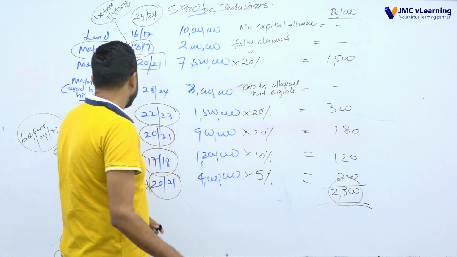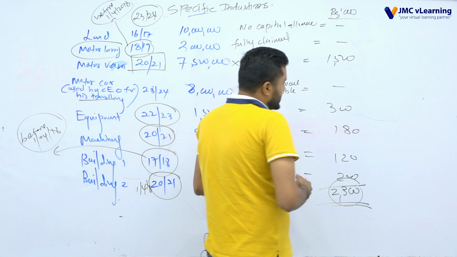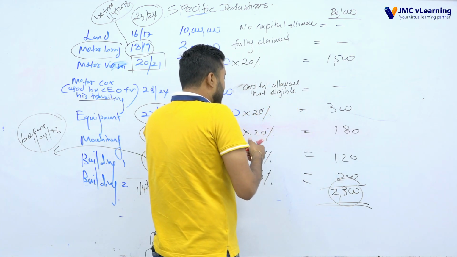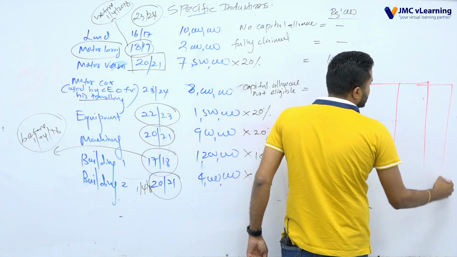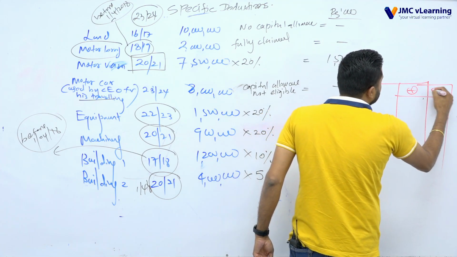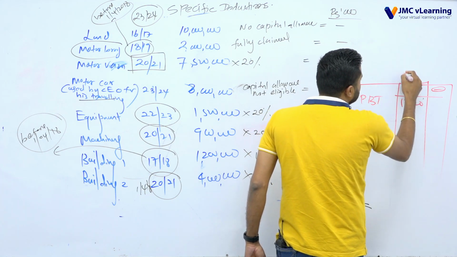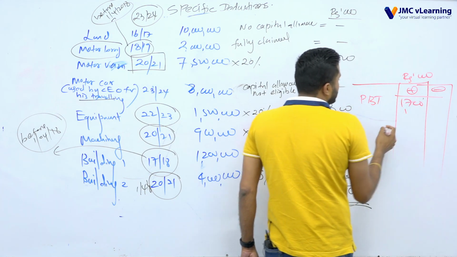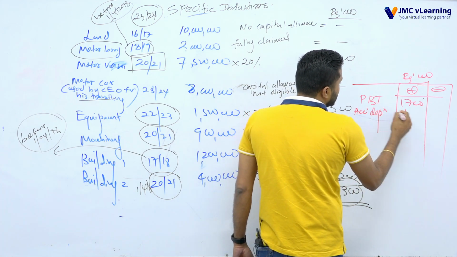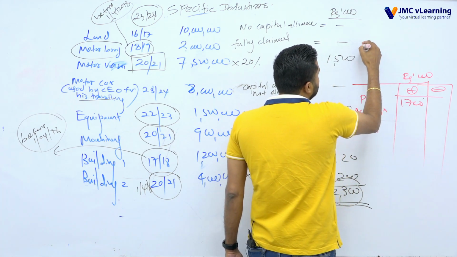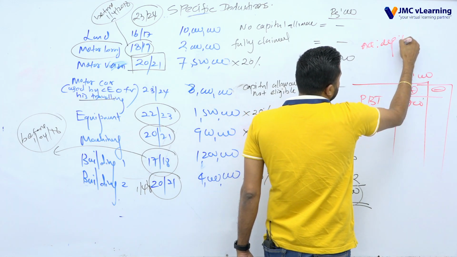So let's say in your exam, the examiner gives the adjustment like this. So this asset type is given, and they have given the profit before tax, let's say in this case 3300, and at the same time they have given the accounting depreciation, let's say 1600.